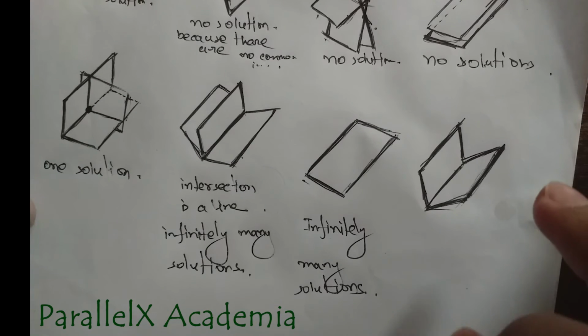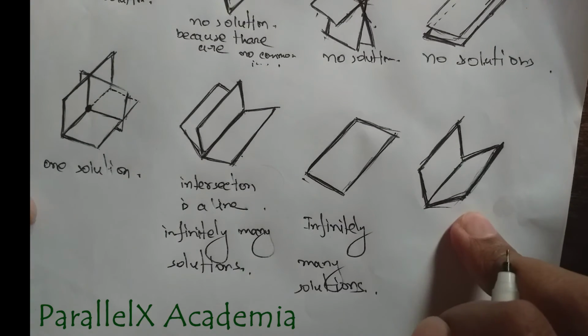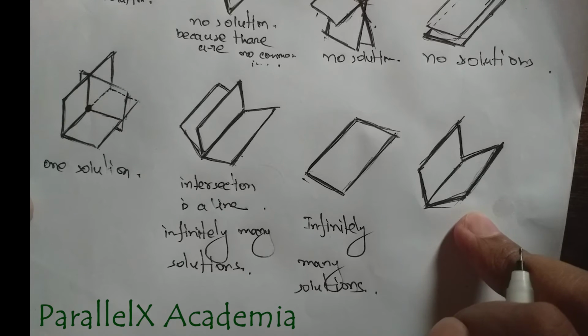All right, now let's have a look at this figure. Here you can see two coincident planes and the intersection is a line.